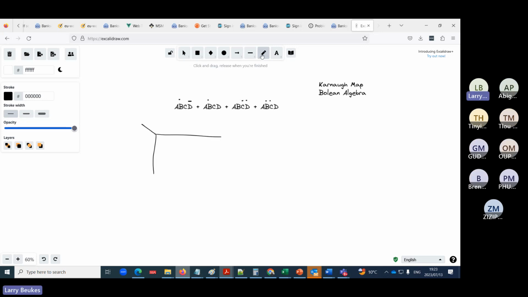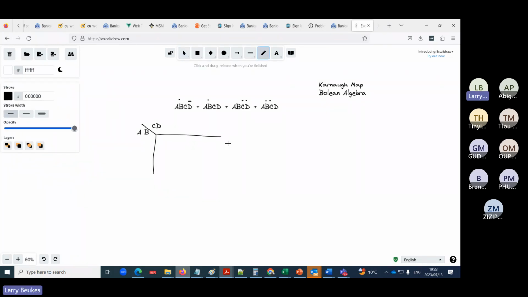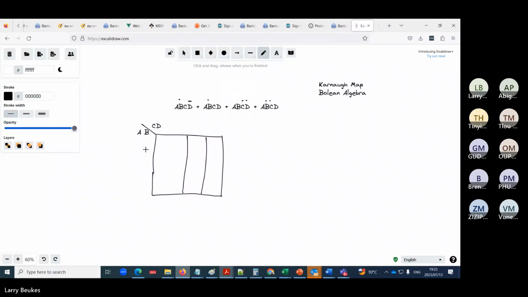So this side will be A, B. Then this will be C, D. So you start with this first. So we need to have 4 columns and 4 rows.